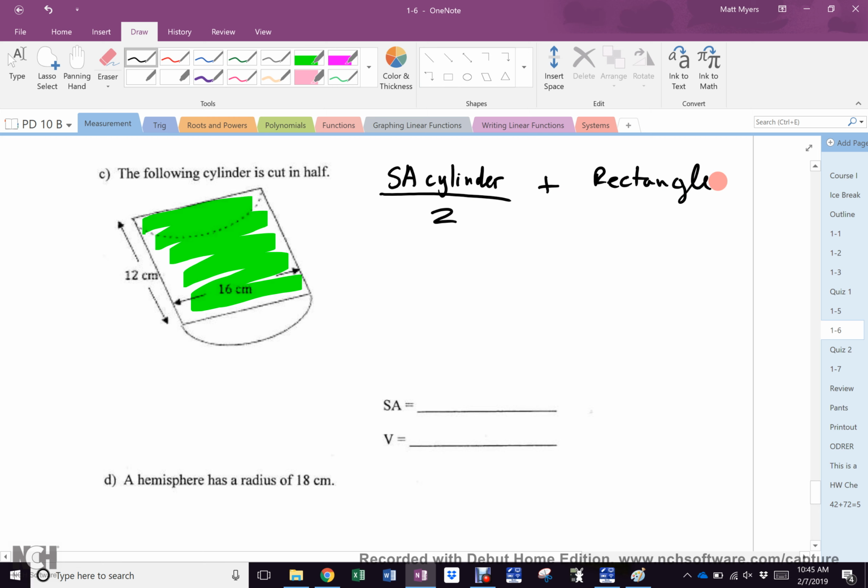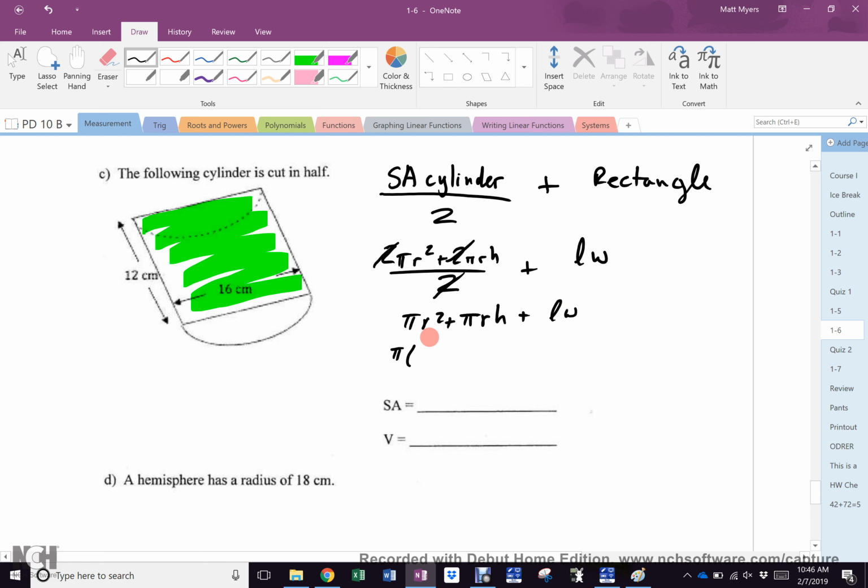So I just do my math. 2 pi r squared plus 2 pi r h divided by 2 plus LW. What happens? Cancel. Pi r squared plus pi r h plus LW.